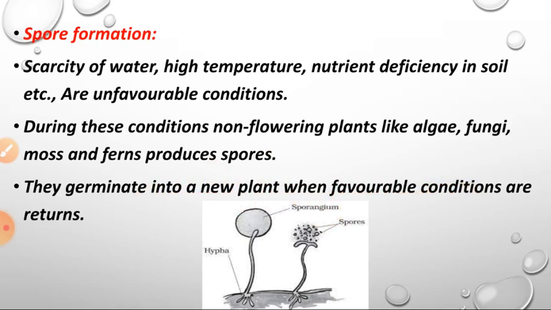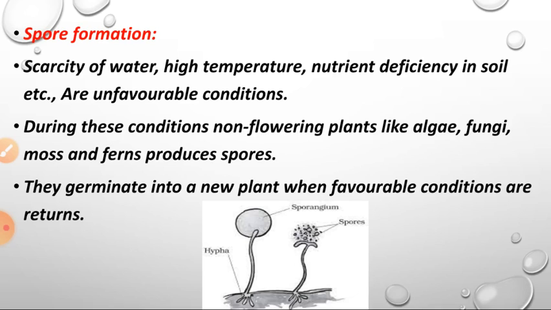So spore formation is also a type of asexual reproduction. Asexual reproduction means a new plant is produced without the help of seed or reproductive organs.